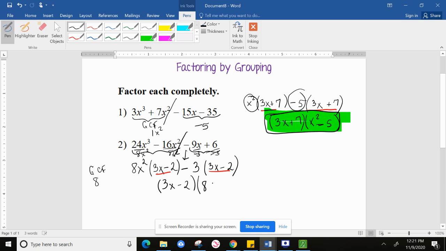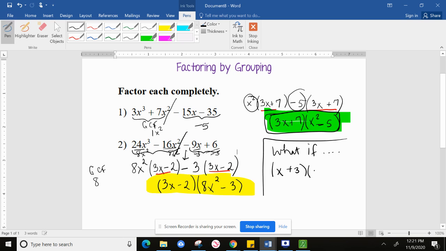The second one is 8x squared minus 3, which is the leftovers. Again, you always want to double check when you get here and make sure you can't do anything else with this answer. What am I talking about when I say that? Let me give you an example over here, just a what if. Let's say your answer was x plus 3, and then you had something like x squared minus 25.